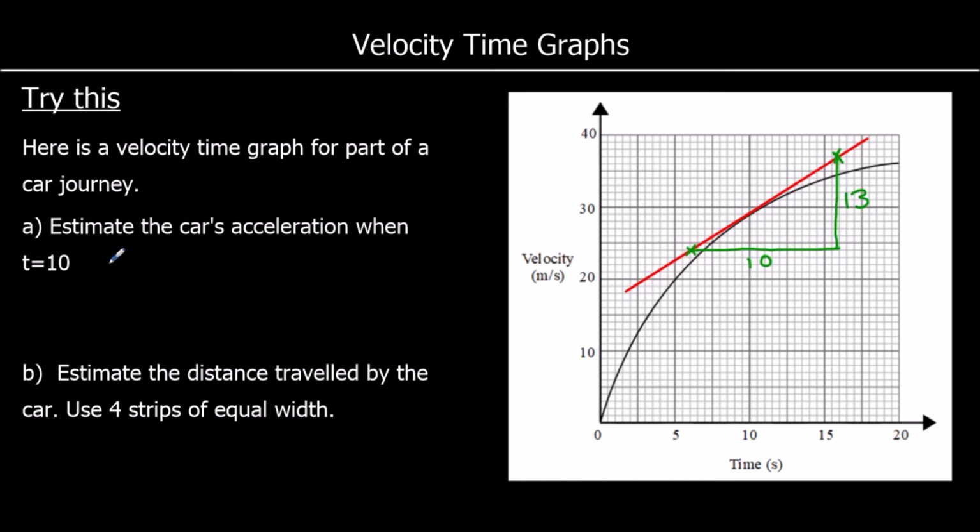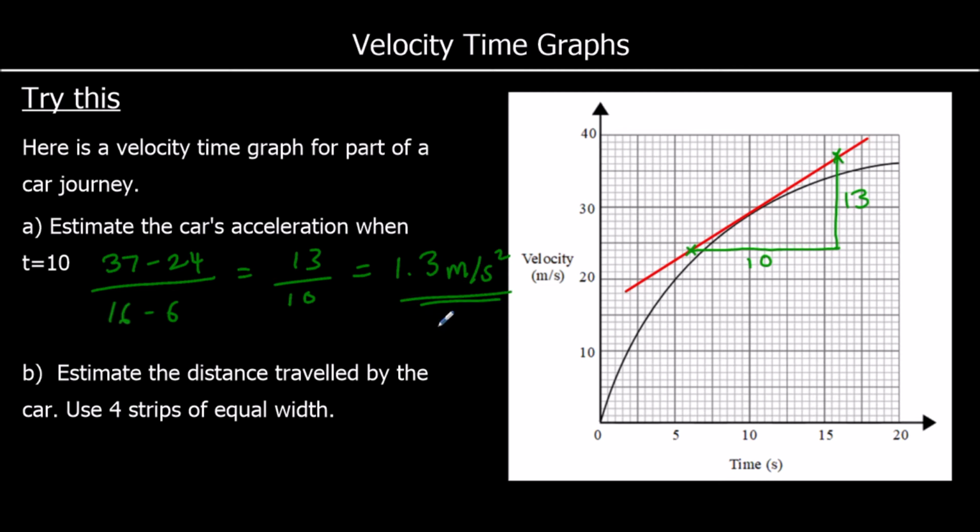So I've said change in y is 37 minus 24 over the change in x, 16 minus 6. So that's 13 over 10, which is 1.3 meters per second squared.